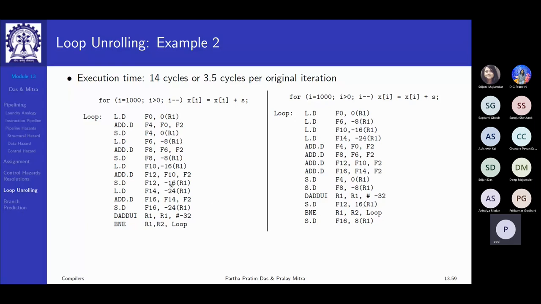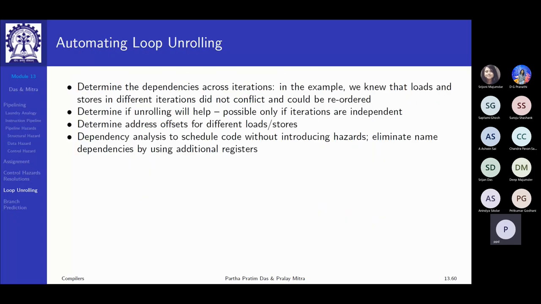Otherwise, originally it was minus 16. It will be up by 16. And then here it will be up by 8. So all these address adjustments will have to be done. And by using additional registers, we have been able to eliminate the name dependencies, which we may again try to optimize. So let me stop here.